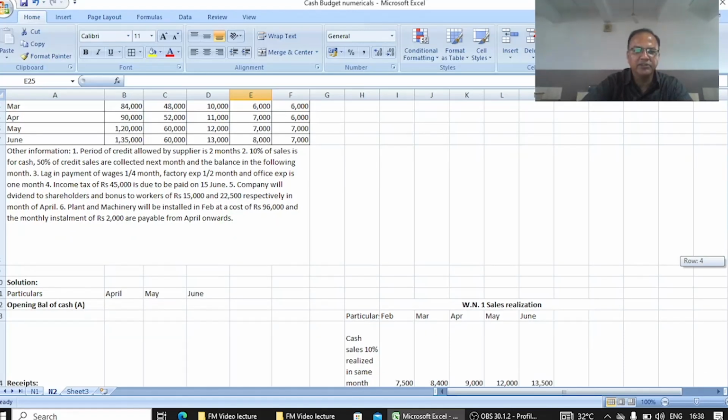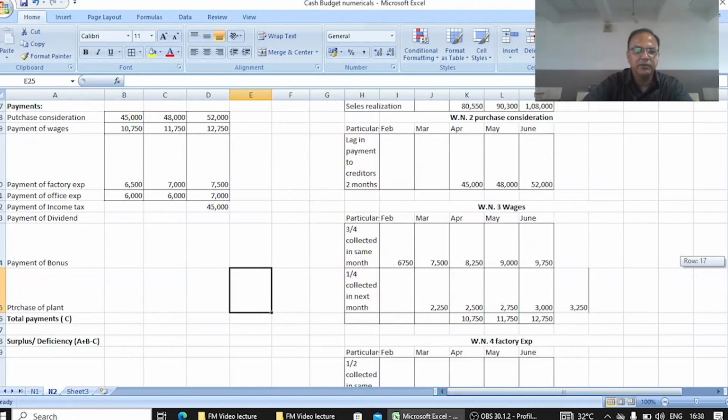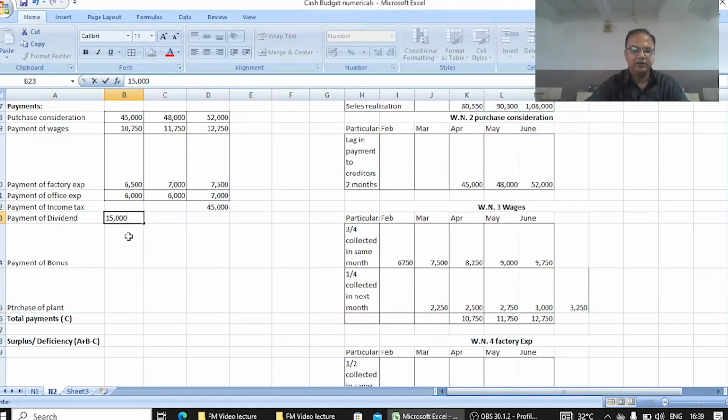Both the payments are in month of April. In month of April, 15,000 and 22,500.